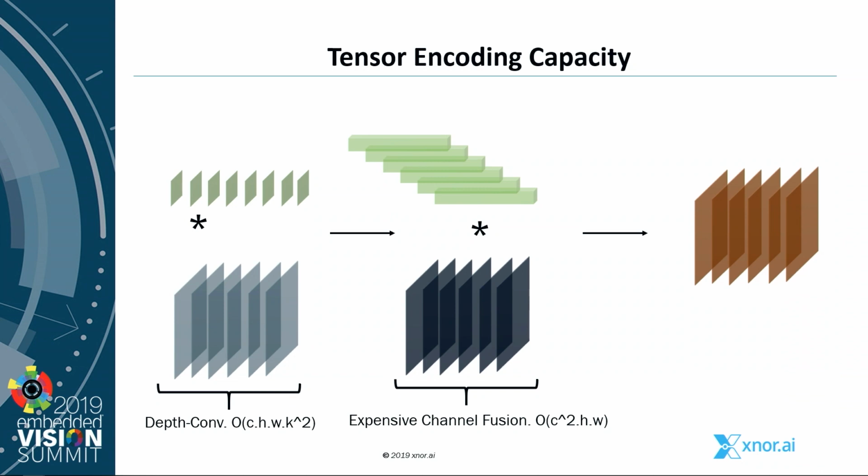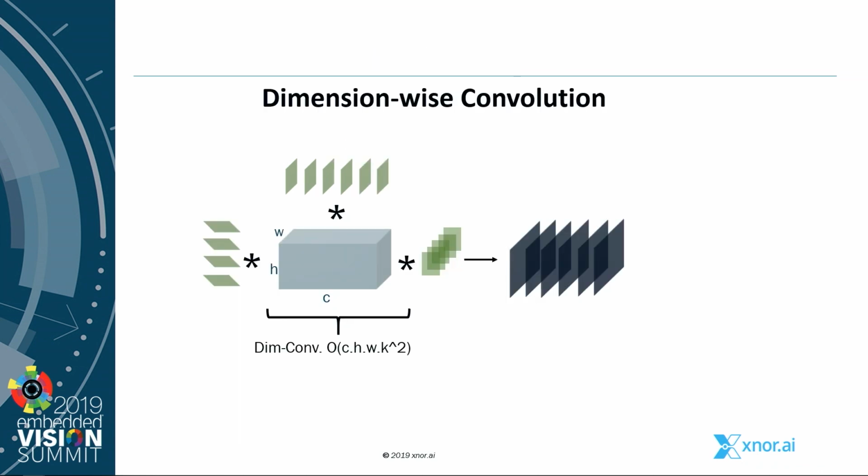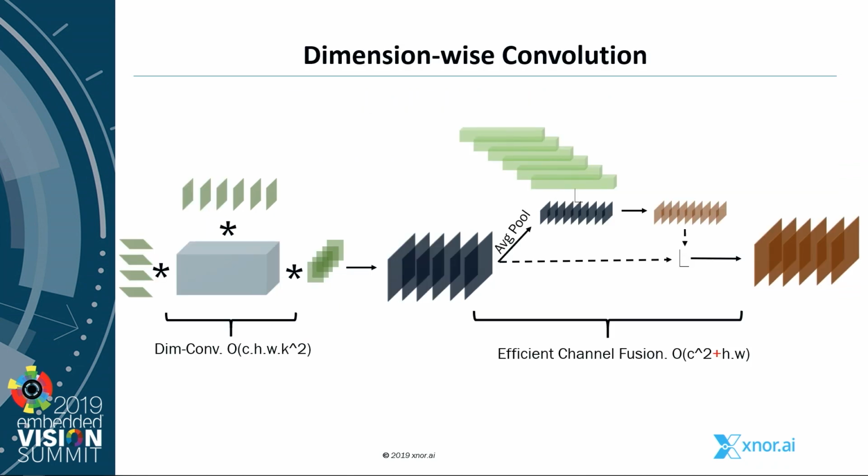So instead of doing single-dimension depth-wise convolution, we propose dimension-wise convolution. We basically do the depth-wise convolution across different dimensions. In this way, we ensure that all the channels, and also the order of channels, get taken into account when we are performing a convolution. Then we don't need to do that expensive channel fusion.